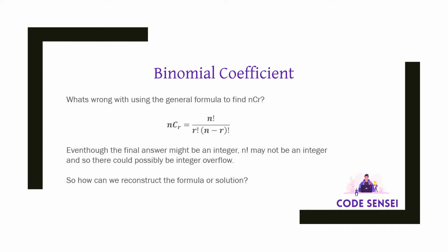So there might be integer overflow, which means that n factorial may not be in the range of integer. We are going to try to avoid this problem, so we can think how we can reconstruct the formula or solution.